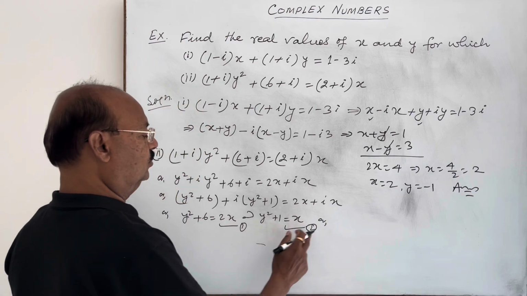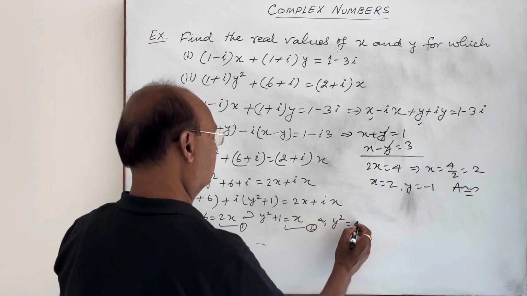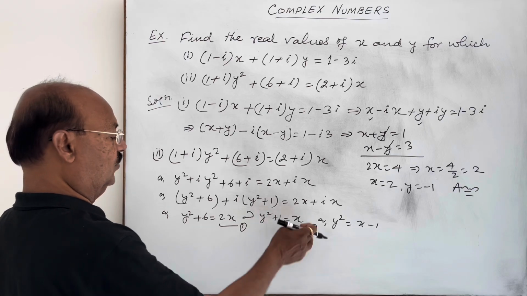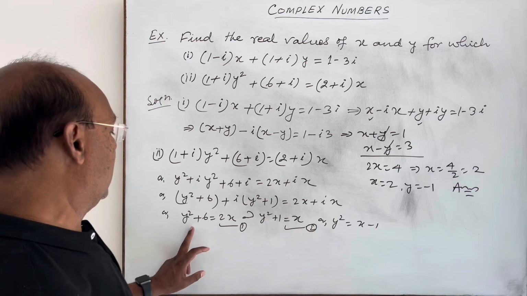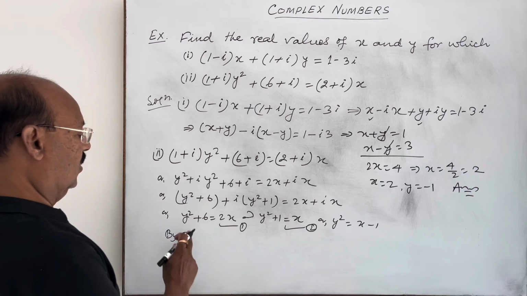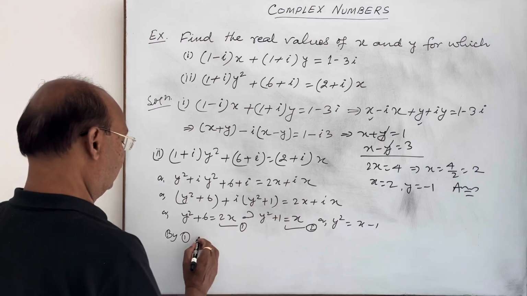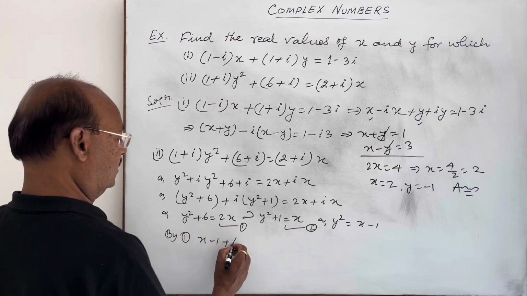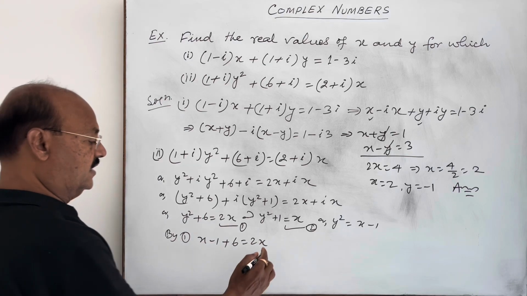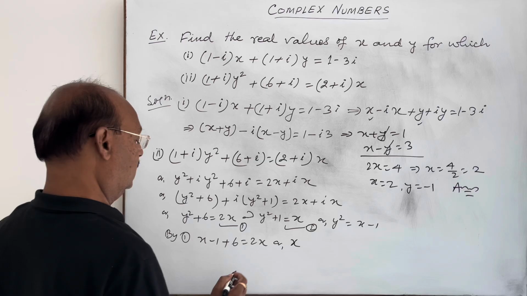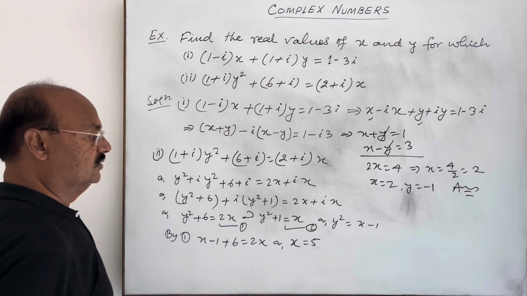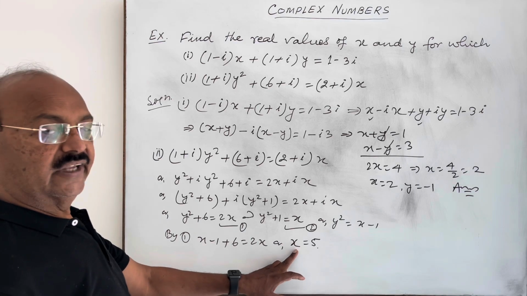From equation number 2, we get y² = x − 1, transposing 1 to the right hand side. And putting this value of y² in equation number 1, we get x − 1 + 6 = 2x. Transposing x to the right hand side, we get x = 6 − 1 = 5. This is the value of x.